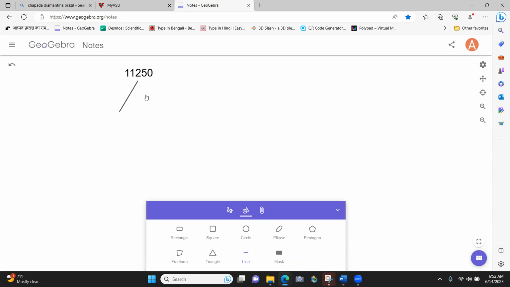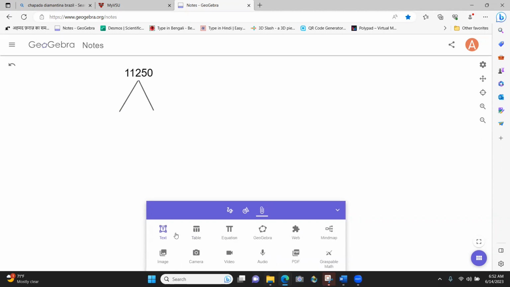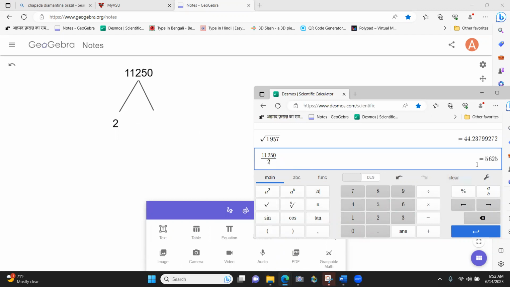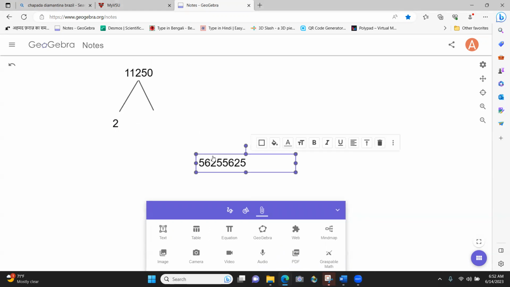It's going to be a bit tedious, okay? So I'm going to put a 2 here, but it's fun. And I'm just going to use my calculator, okay? I'm getting this. 5,000.